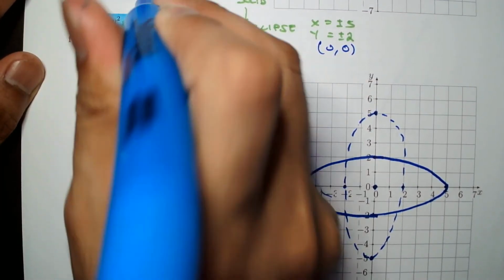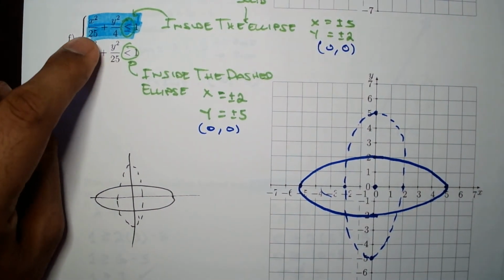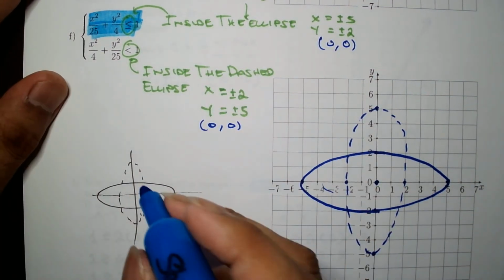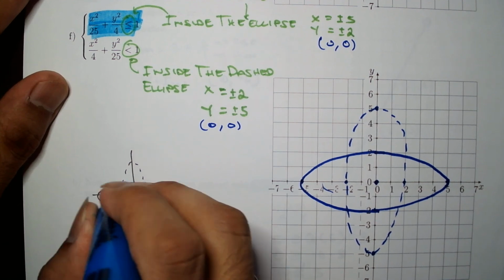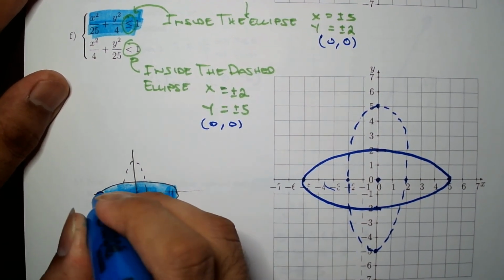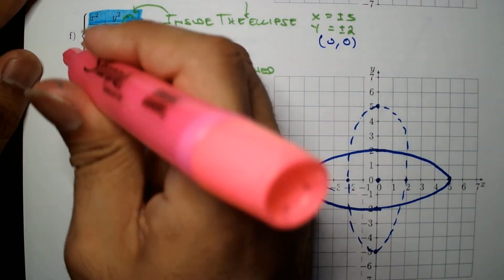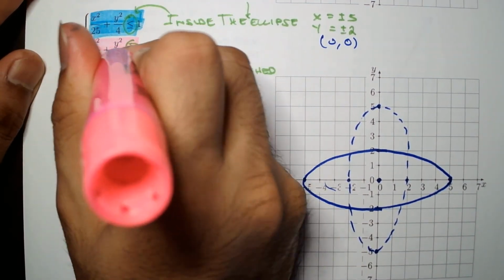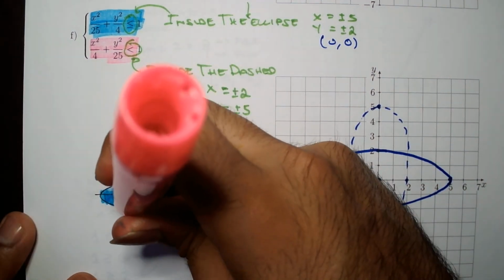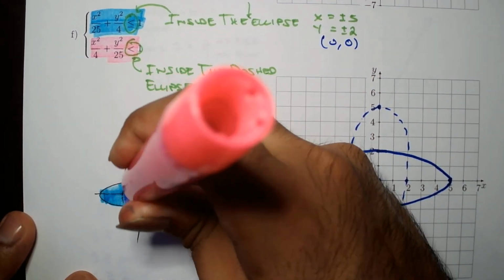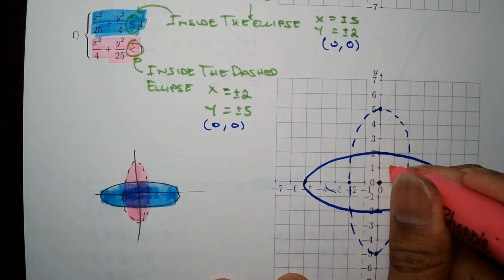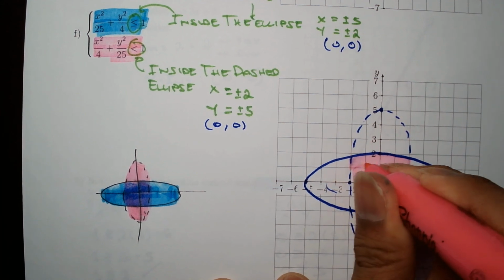Blue is the horizontal and solid ellipse, and it's inside. And pink is the vertical and dashed ellipse, also inside. All right, do you see where the overlap is occurring? It's pretty much inside right here.